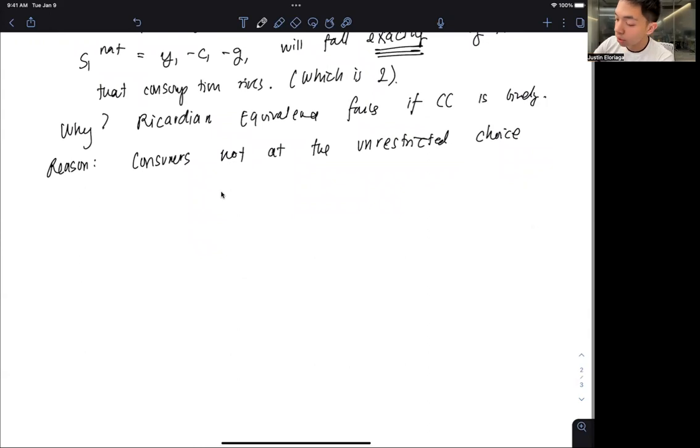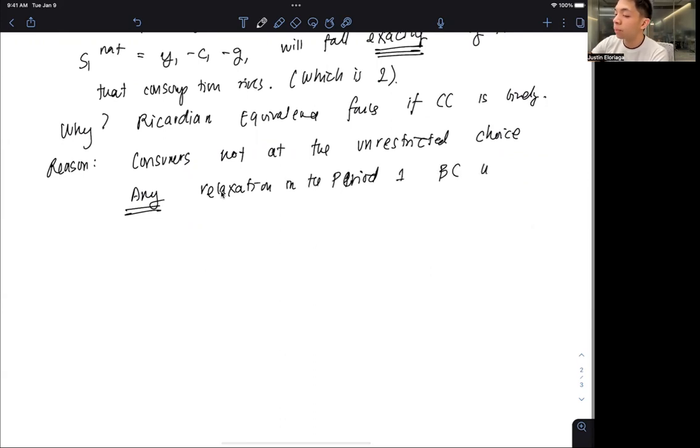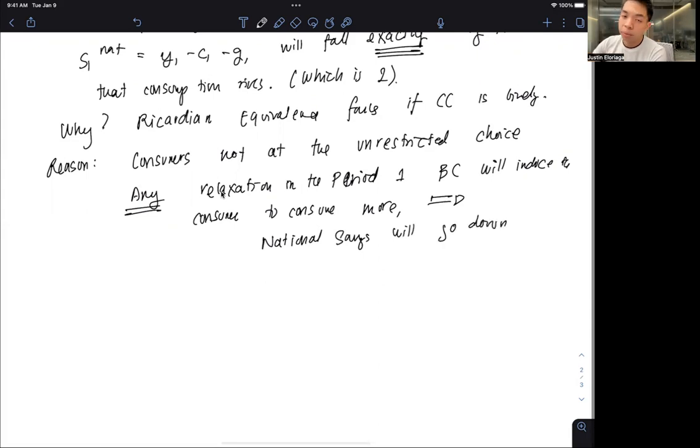Because we're not at this unrestricted choice, any relaxation in the period 1 budget constraint will induce the consumer to consume more, which implies that national savings, because it's minus C1, will go down. And that's the reason why.